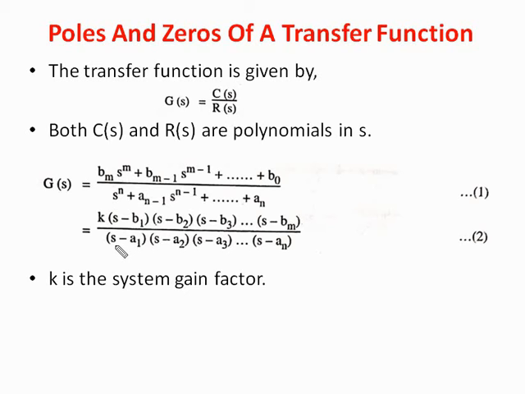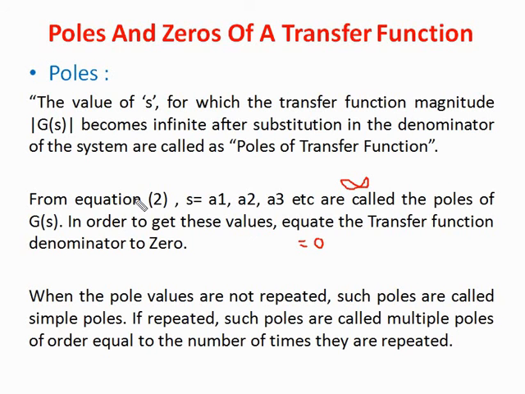If we put that value of s, the denominator becomes 0, so G(s) becomes infinite. This value of s is known as a pole of the transfer function. So the values s equal to a1, a2 and a3 are called the poles of the transfer function. In order to get these values, the denominator is set equal to 0.